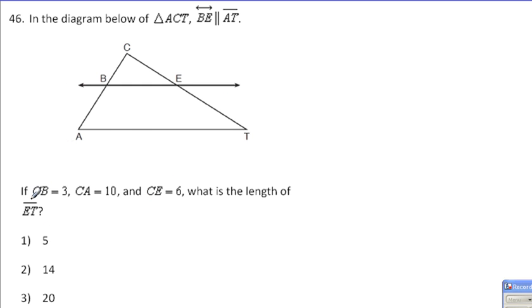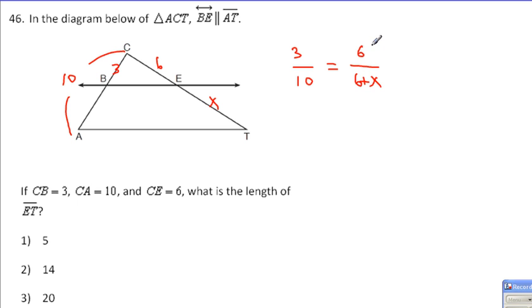Here we have CB is equal to 3, and then CA, the entire length, is equal to 10. And then EC is equal to 6. ET, why don't we call this one X? Then the corresponding part, as in 3 to 10, which is the part over whole, has to be the same ratio as 6, which is the part, over the whole, which is 6 plus x.